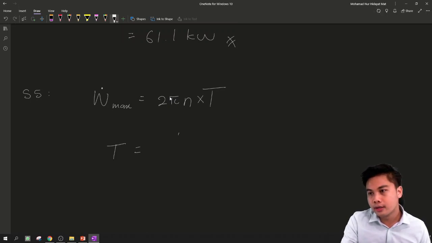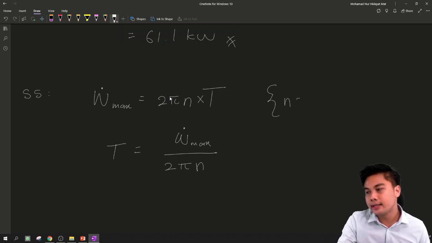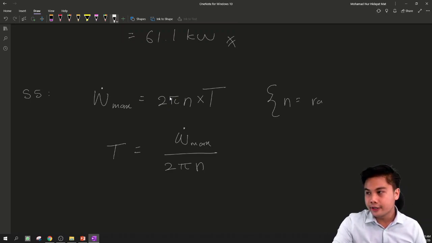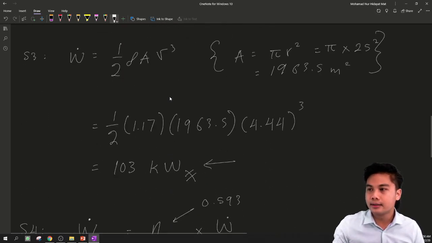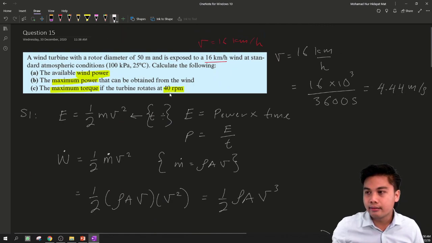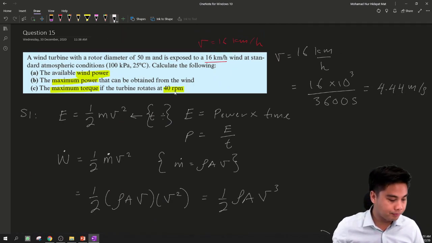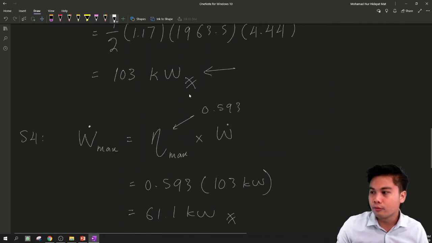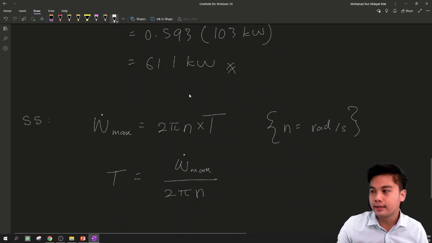To get torque, W max over 2 pi n, and make sure n is in revolutions per second. It is given in revolutions per minute, so we need to convert it to radians per second.